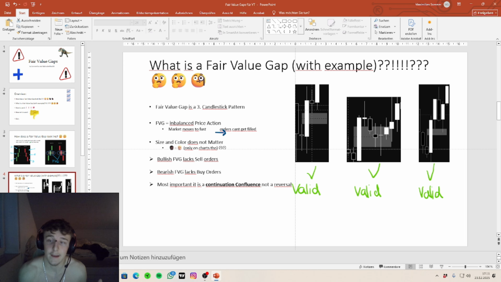So what is a FVG gap? A FVG gap, first of all, is a 3 candlestick pattern. You need 3 candlesticks in order to form a FVG gap. Otherwise, it's not a FVG gap. A FVG gap is basically just an imbalance in price action.